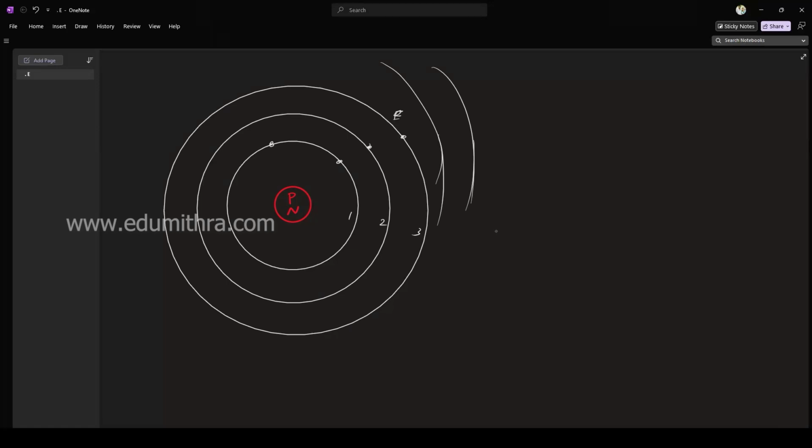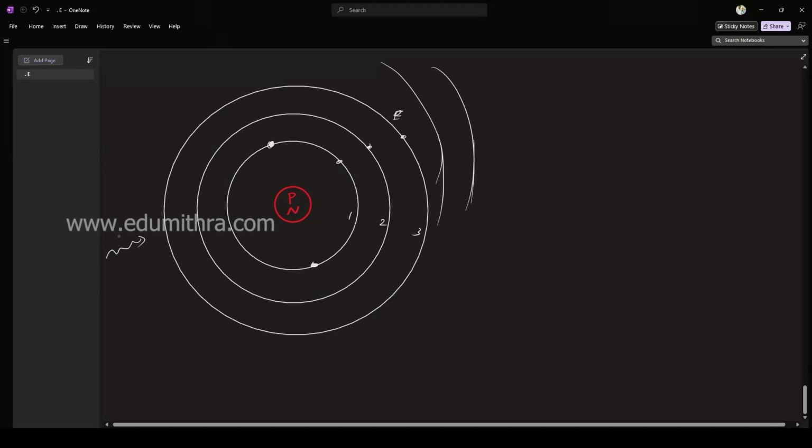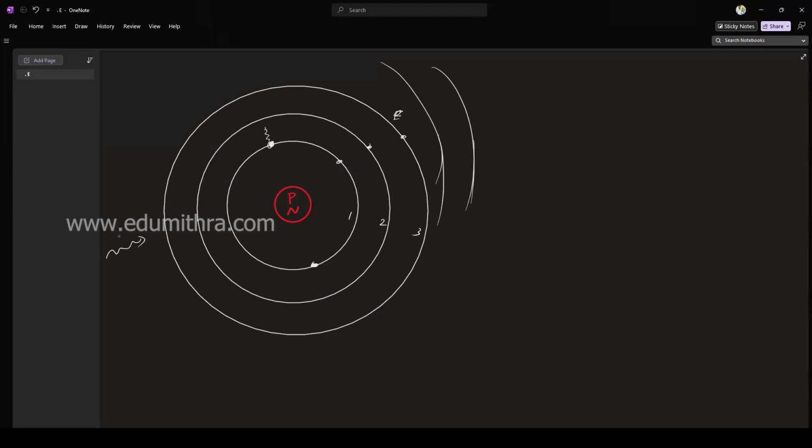Just take two electrons, and since it is cold, the electrons are residing in the first shell. Now we are sending some light to this atom, and those electrons can absorb energy from that light and jump to the next level.